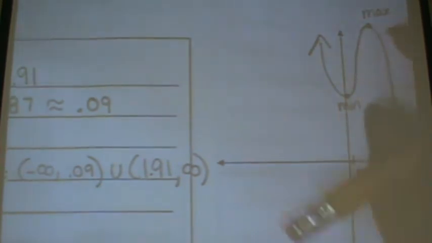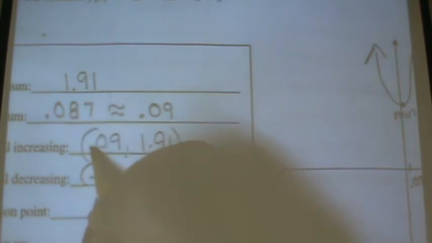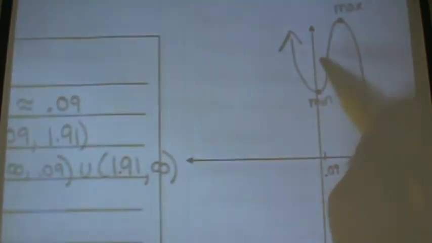From 1.91 to infinity. Where is it going up? 0.09 to 1.91.